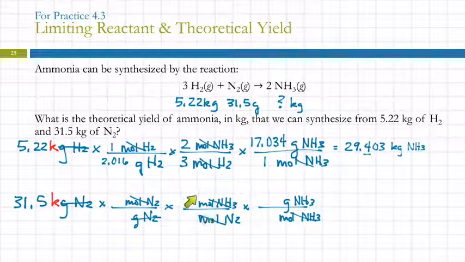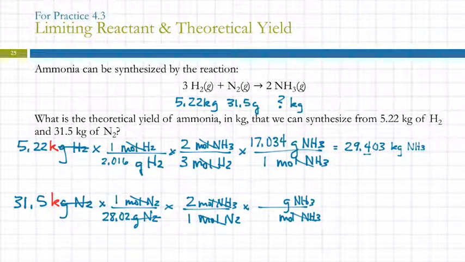Mole ratio. What number goes on top? 2. What number goes on the bottom? 1. Those come from the coefficients in the balanced chemical equation. 2 moles of ammonia from 1 mole of nitrogen. This molar mass for nitrogen is 2 times 14.01. That's 28.02. I did that in my head. Don't do that on an exam because your brain will mess up.